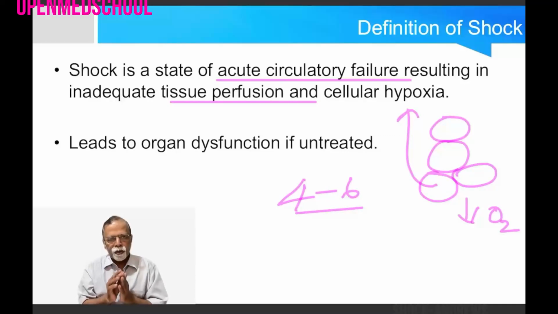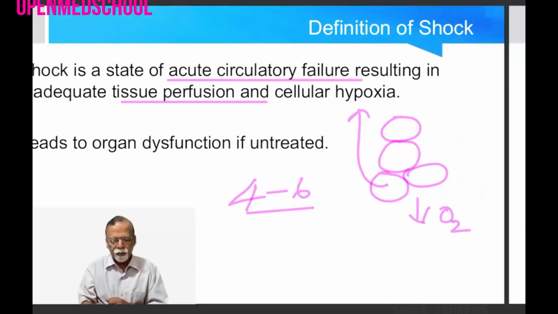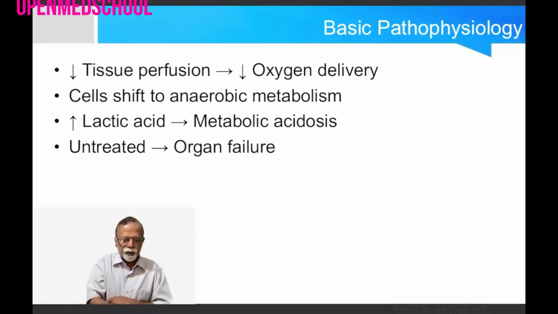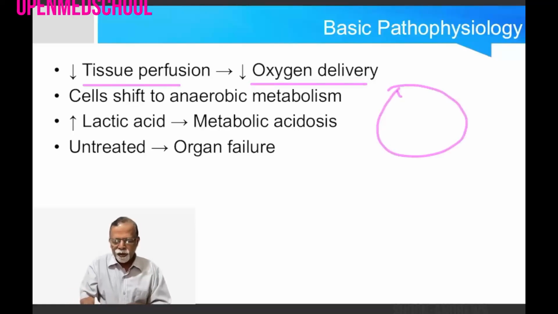So, what is shock? Shock is a state of acute circulatory failure due to inadequate tissue perfusion, leading on to cellular hypoxia. So, the basic thing is decreased tissue perfusion, decreased oxygen delivery, and what happens? The cells will shift their metabolism to anaerobic metabolism.